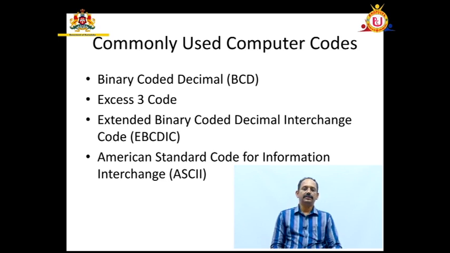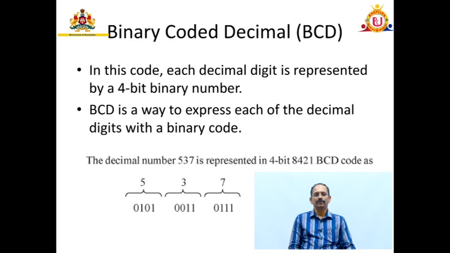Extended binary coded decimal interchange code, in short it is called EBCDIC. Very commonly used computer code is ASCII. Expansion of ASCII is American Standard Code for Information Interchange. Let us know about the BCD code in the next slide.